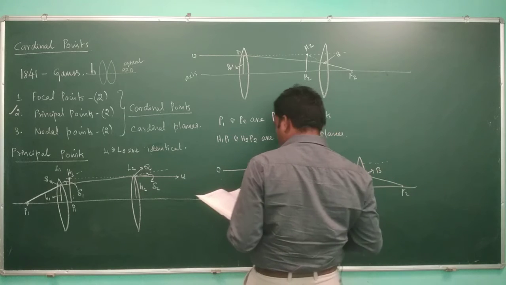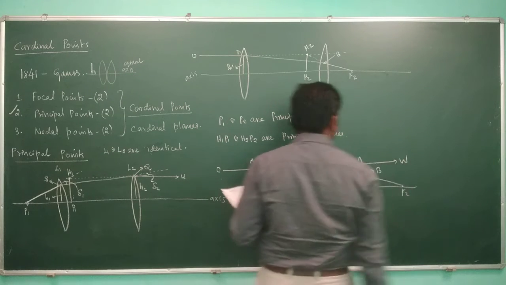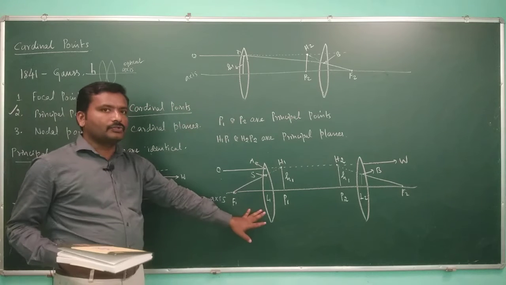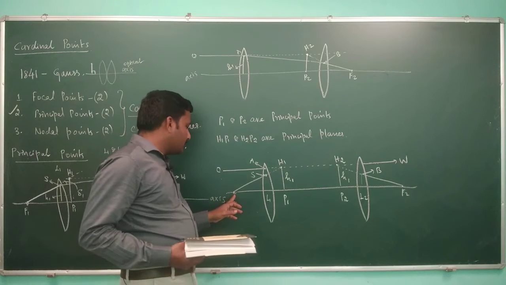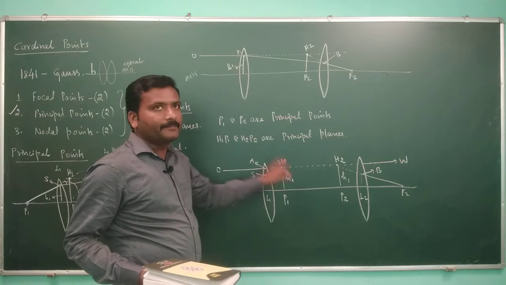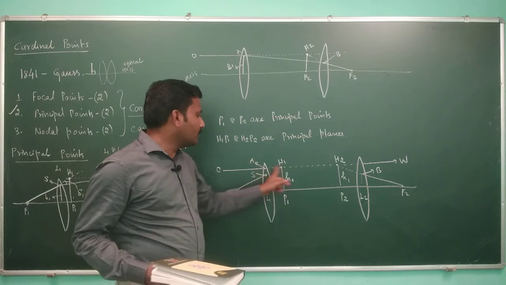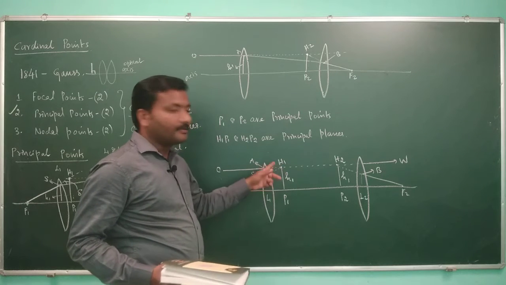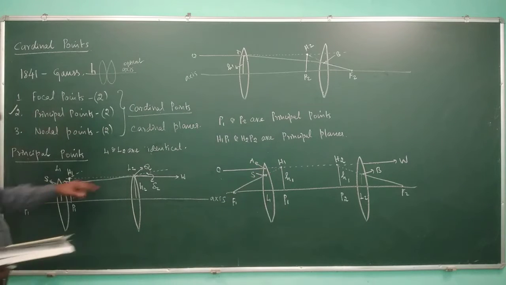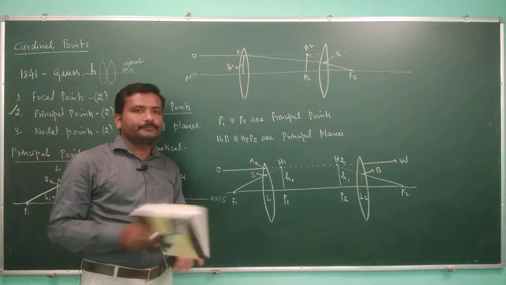This point is B, and the emerging light is W. If you combine these two images, you will get this image. The light ray originating from focal point 1 will touch the point H1 if it is unrefracted. Similarly, the light ray coming from the point O will touch the point H1 if it is unrefracted. But it is actually getting refracted, and the path of the light rays after refraction is shown in figure 1 and figure 2.